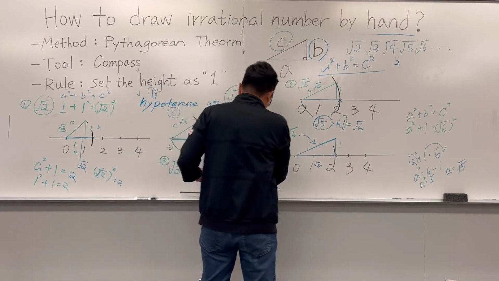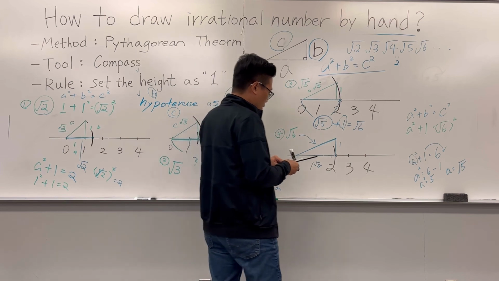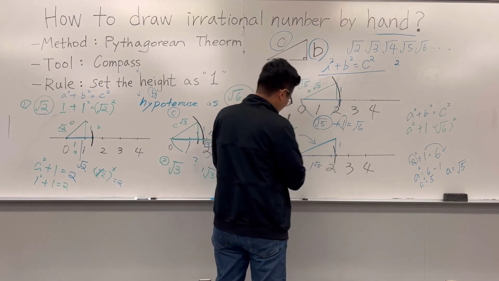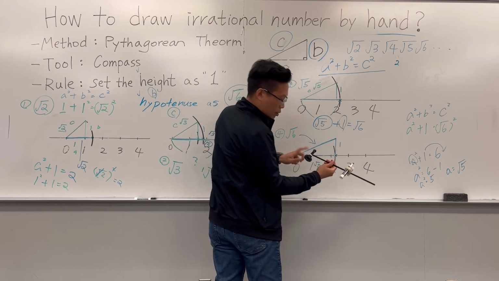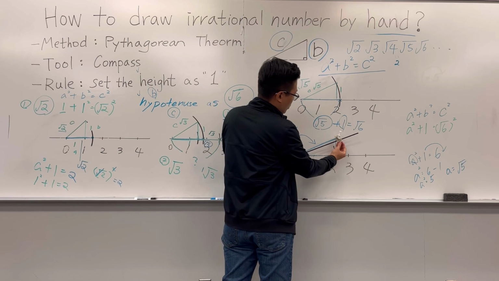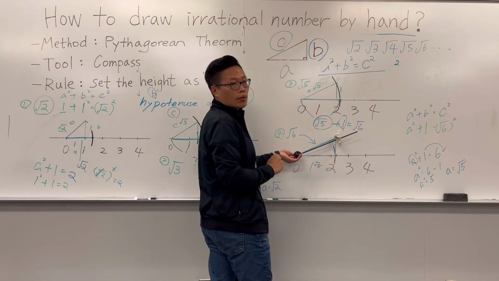Okay, so I use my compass to get the number again. The needle starts from this point, and I adjust my pen to here. So now this length is the square root of 6, right?